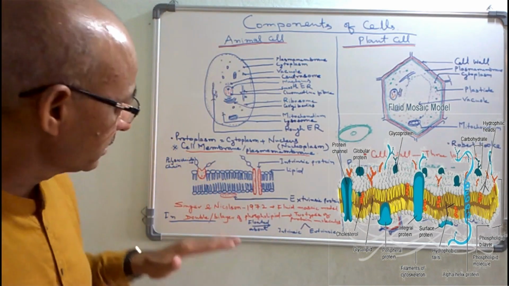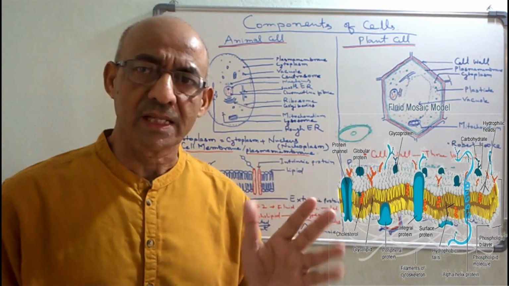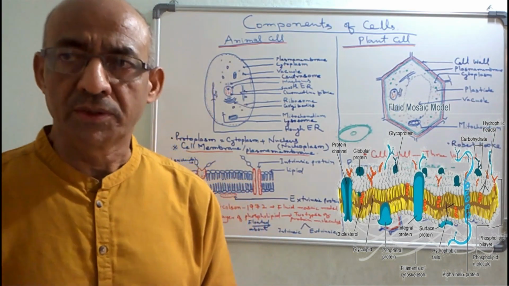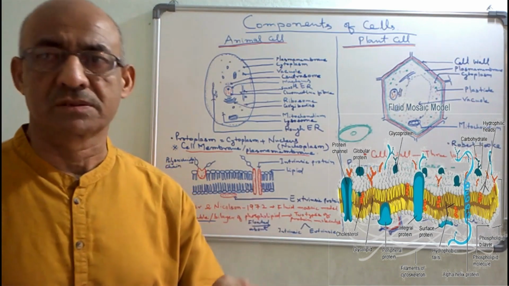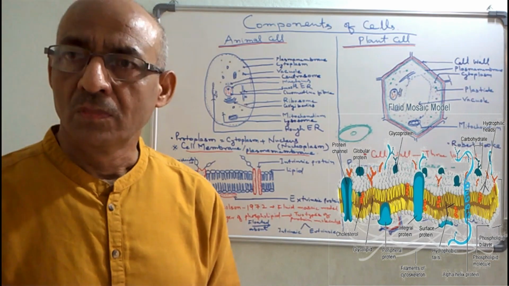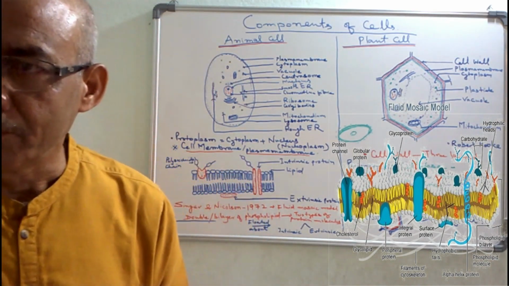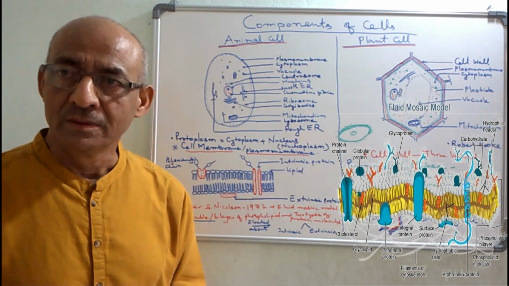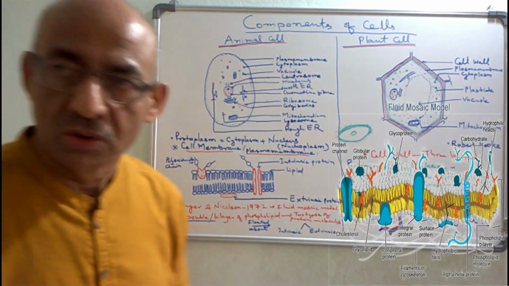And in this process, the cell membrane serves as a selectively permeable membrane because it only allows certain materials, water and certain solutes, to pass inside the cell, or allows or does not allow them to go outside.